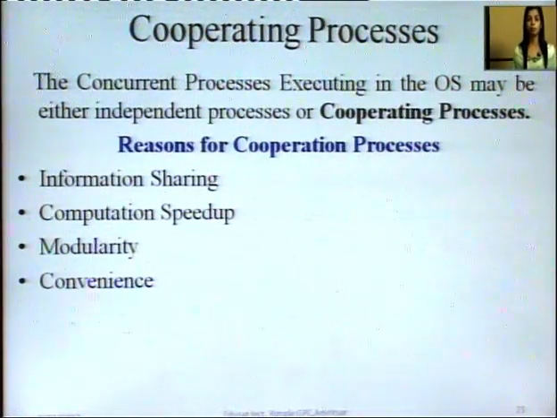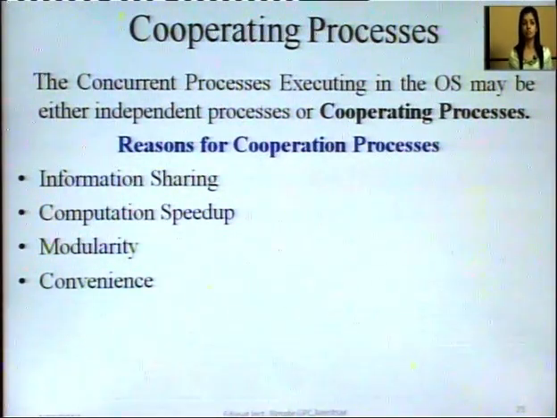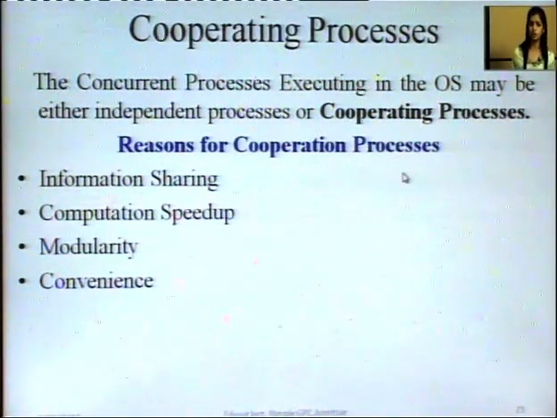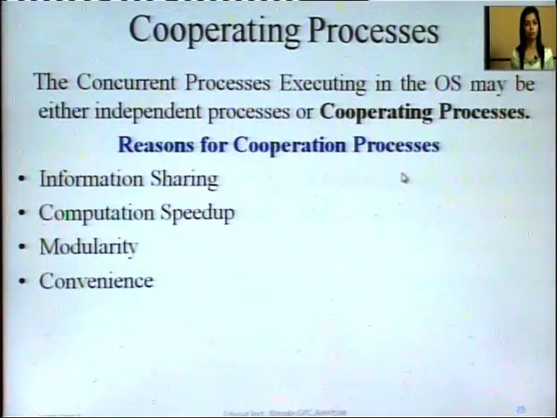Then cooperating processes, that means where a number of processes execute simultaneously, then cooperating processes occur. The concurrent processes executing in the operating system may be either independent processes or cooperating processes. That means one process requires the input of another, and another process requires the output of one process.